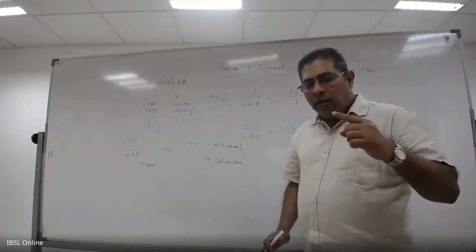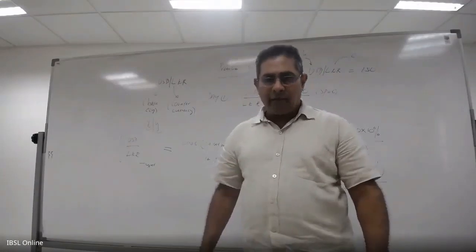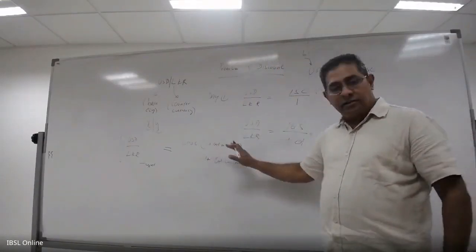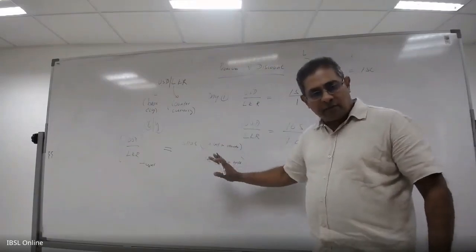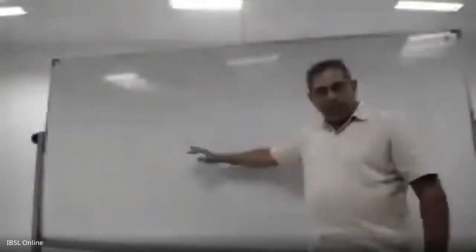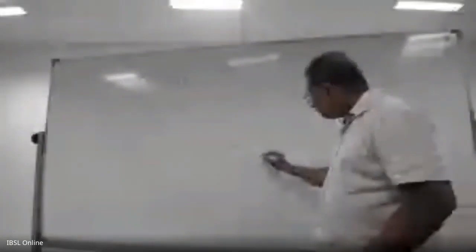Likewise, you can calculate for 1 week, 2 weeks, 1 month. So what you need to remember is spot times 1 plus interest on counter over 1 plus interest on base. That is the forward rate.